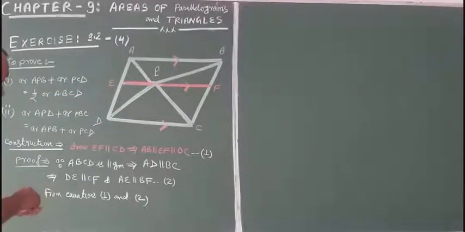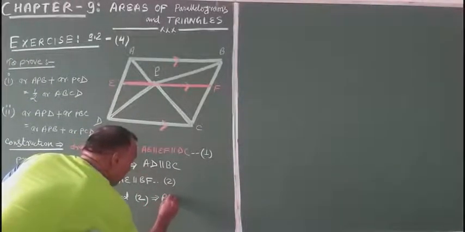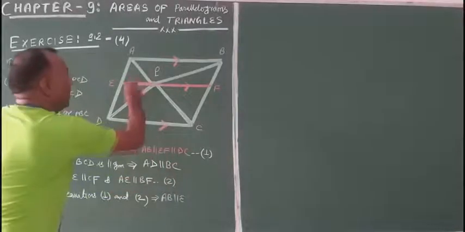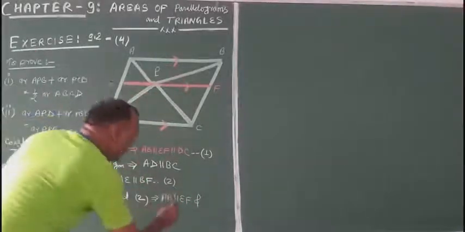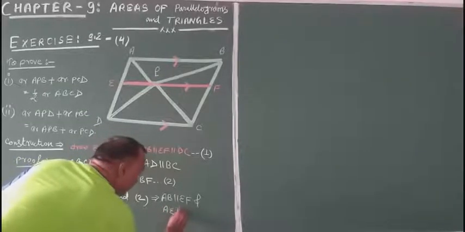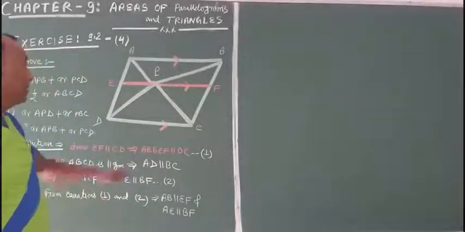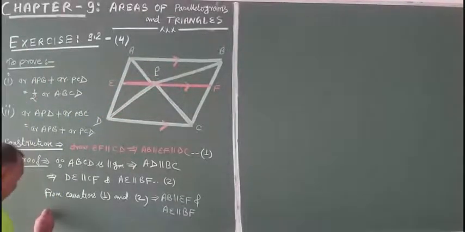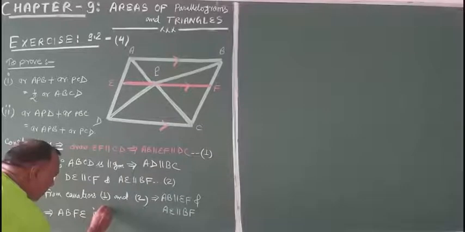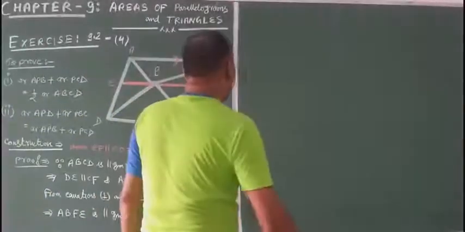Both pairs of opposite sides are parallel. It means ABFE is a parallelogram.